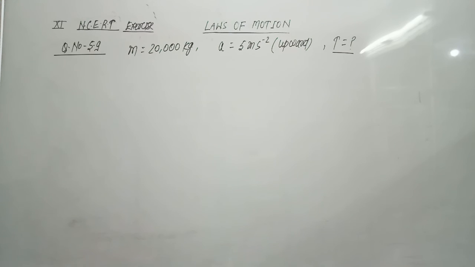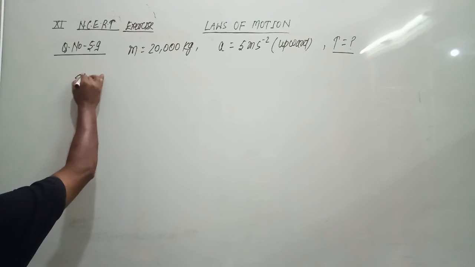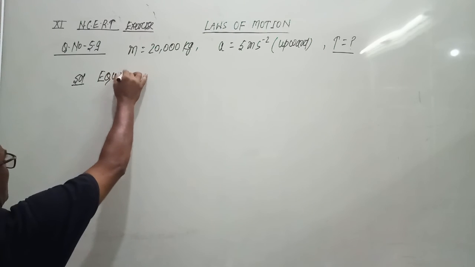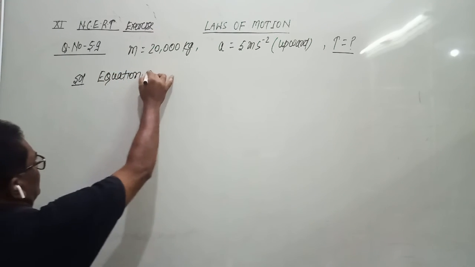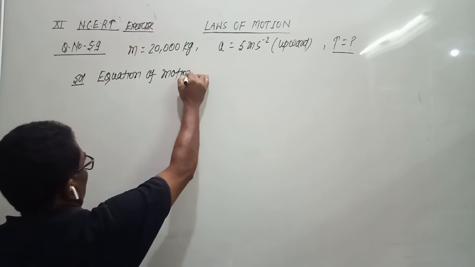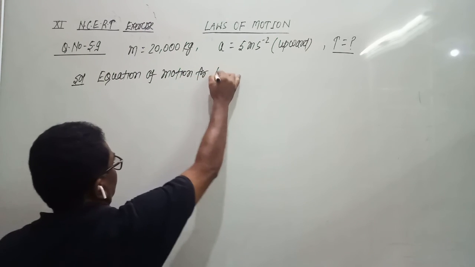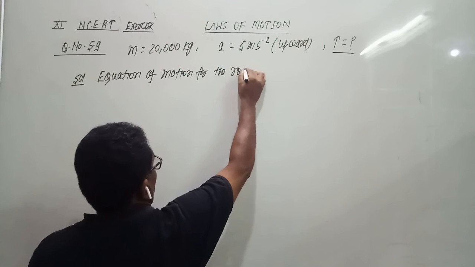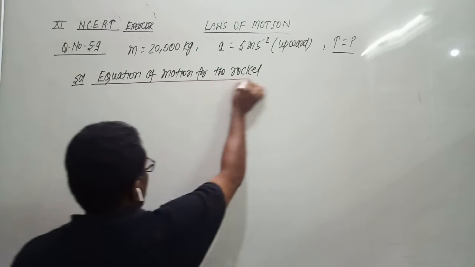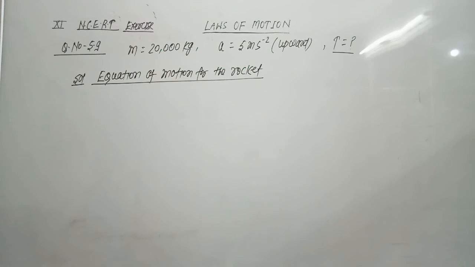So the equation of motion for the rocket. The direction of the blast is in the upward direction.